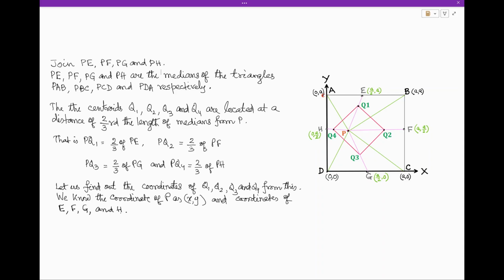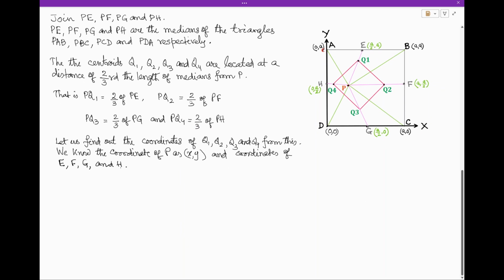That is, if you call the centroids Q1, Q2, Q3 and Q4, then PQ1 will be 2/3 of PE. Similarly, PQ2 will be 2/3 of PF, PQ3 will be 2/3 of PG and PQ4 will be 2/3 of PH.